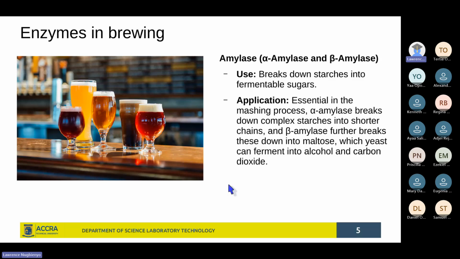You do remember we talked about the specification of alpha amylase and beta amylase, that the alpha amylase breaks down the alpha 1,4 glycosidic bonds, and the beta amylase is capable of breaking down the beta 1,4 glycosidic bonds that the alpha amylase cannot break down.